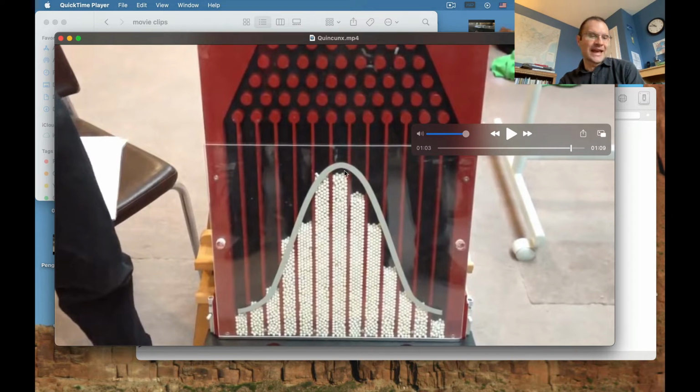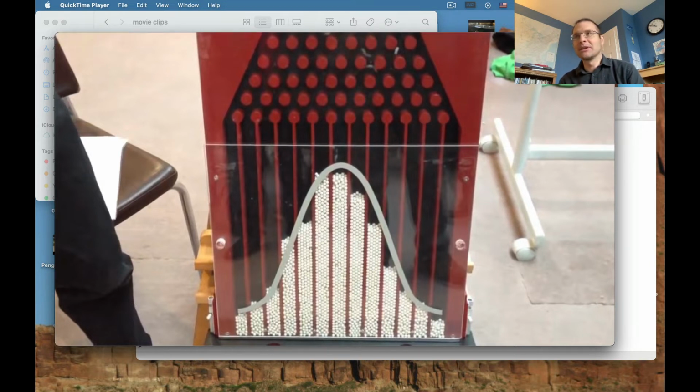But since this is an actual instantiation of sending these balls through these pathways, we're going to get some random noise or variation in the actual output. And in this case, you see this little bar over here on the left-hand side is a little bit higher than this one, even though they're supposed to be the same height. So it's not going to be a perfect depiction of what the abstract theory says it's supposed to be, right?